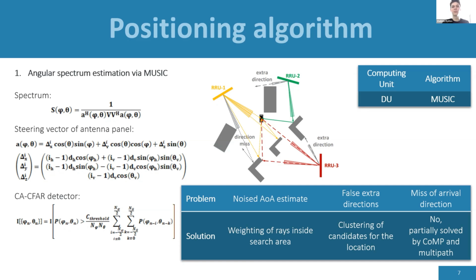Also, which is much more important, we have multipath propagation in typical outdoor environments, which helps us to get, for example, 5 rays per antenna panel, and it's not a big deal when one ray of 5 is missed. Of course, with a lossy channel it would be harder to use this technique, but in an urban environment this helps us to cope with misses.